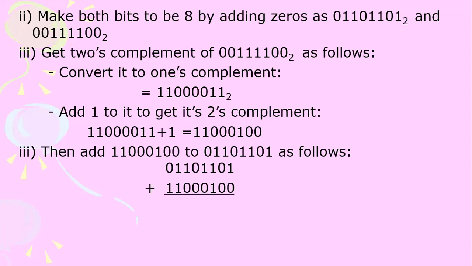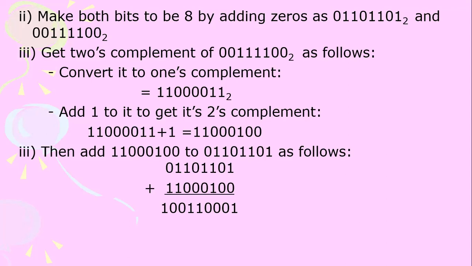So just as we have added before, you just add those numbers from the least significant side to the most significant side. So that gives us 1 plus 0 is 1, 0 plus 0 is 0, 1 plus 1 is 0 carry 1. So we lay down 0 carry 1. 1 plus 1 is 0 carry 1. 0 carry 1 plus 0 is 0.